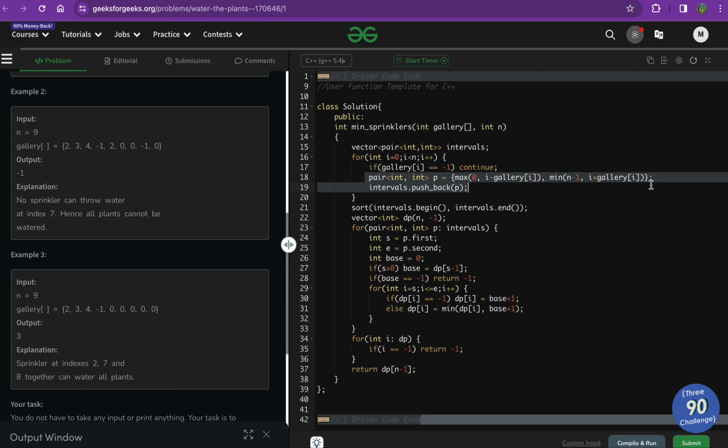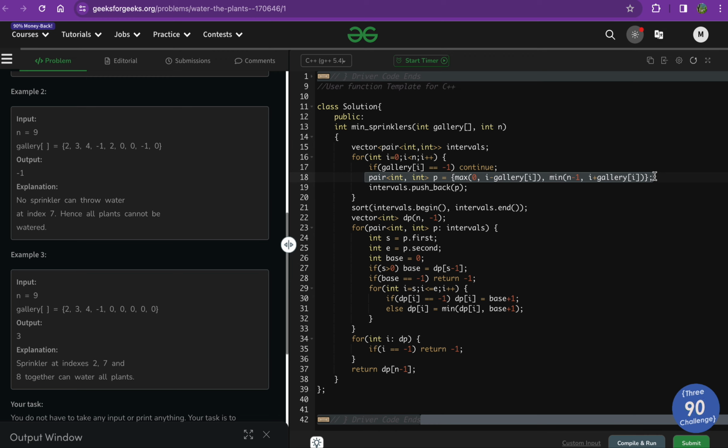Here is the starting index and the ending index. I have put a min-max condition to accommodate the first index as well as the last index, so the interval does not go out of bound. Right, we got the intervals array.